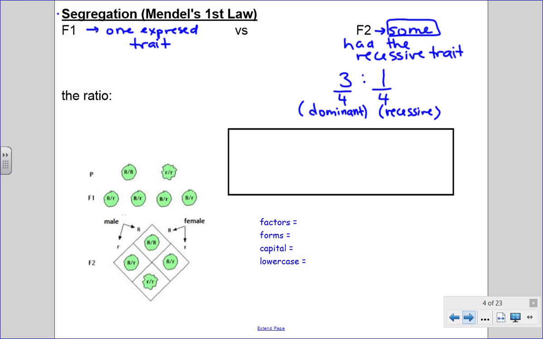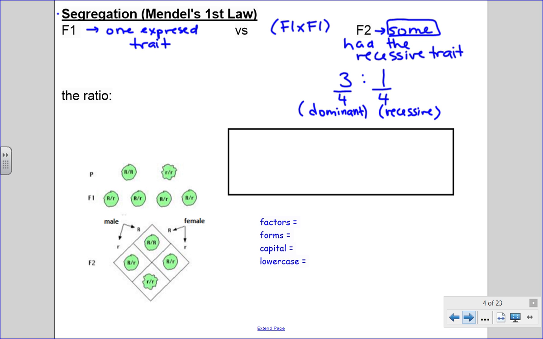Now, just so we're clear, the way that we got the F2 generation was by taking 2 of the F1 generation and crossing them together. So anytime we're going to the next generation, it means we took 2 from the previous generation and crossed them. So what is Mendel's first law?